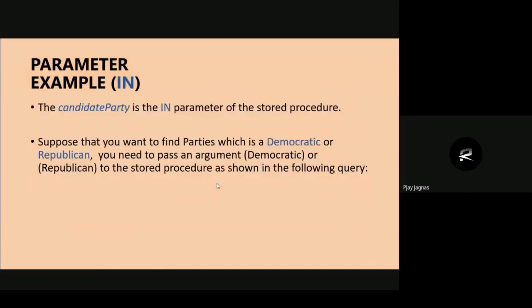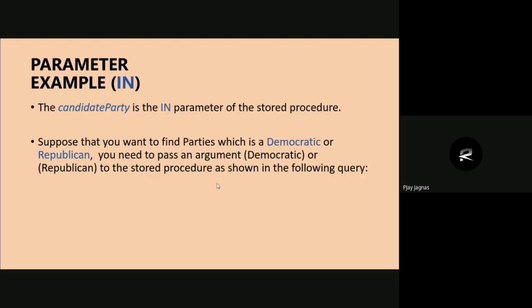The candidate party is the in parameter of the stored procedure. Suppose that you want to find parties which are Democratic or Republican. You need to pass an argument, Democratic or Republican, to the stored procedure as shown in the following query.